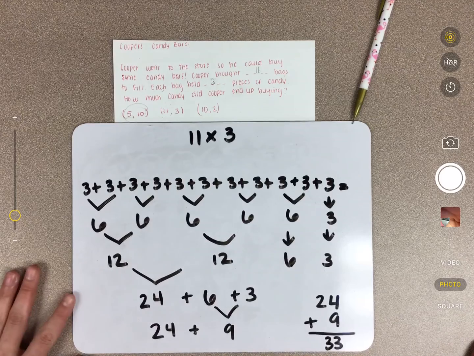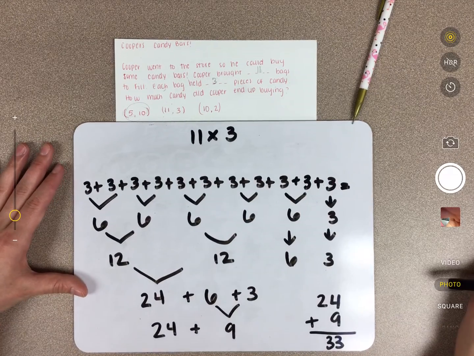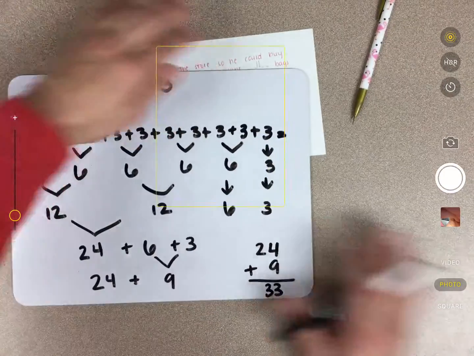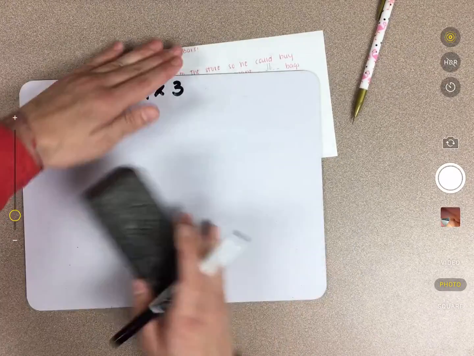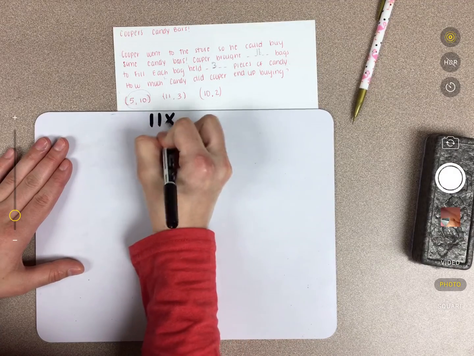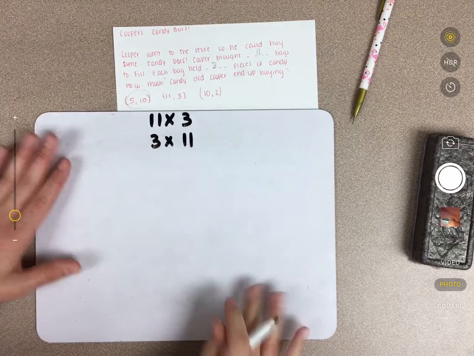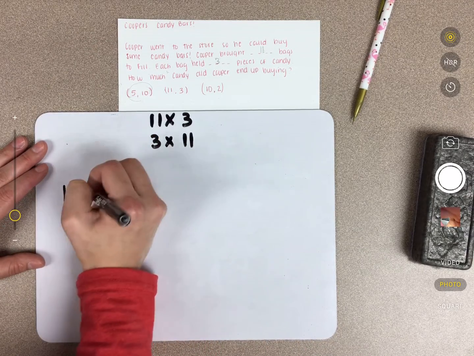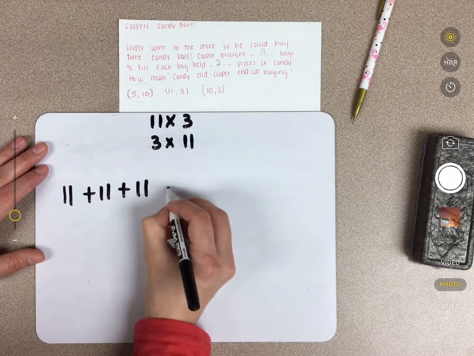That was a lot of work. So let's look at this a different way. Let's do the commutative property. What if we wrote it, instead of 11 groups of 3, as 3 groups of 11? So then I know that I only need 3 groups of 11. So then I could do 11 plus 11 plus 11.